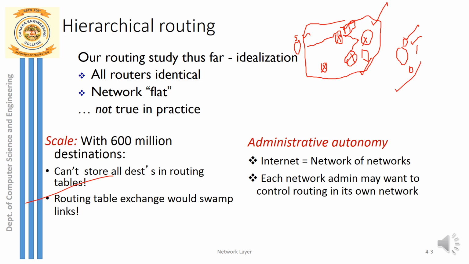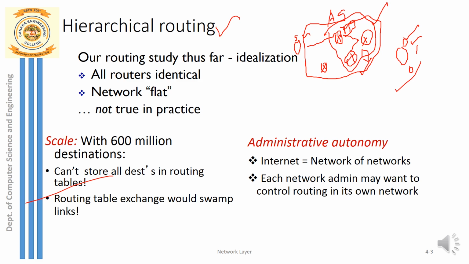The solution here is called hierarchical routing, where multiple routers are grouped together, and each such group we call an autonomous system.